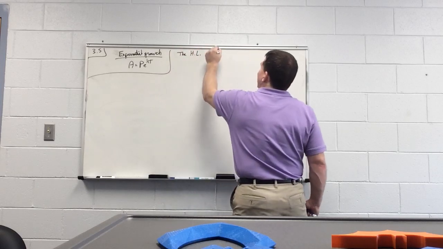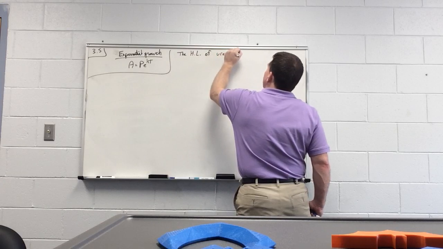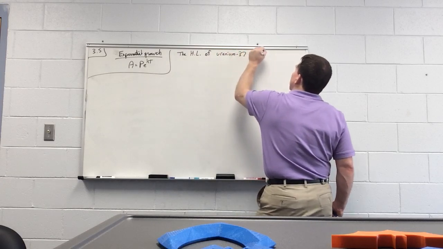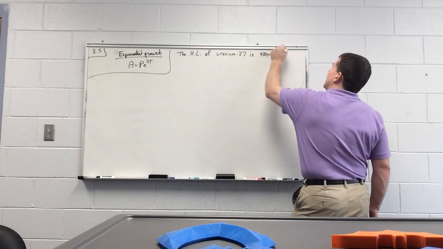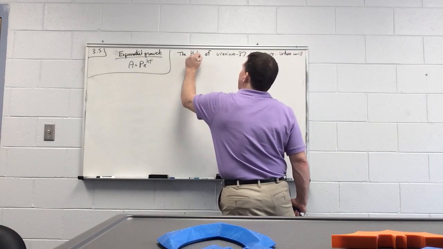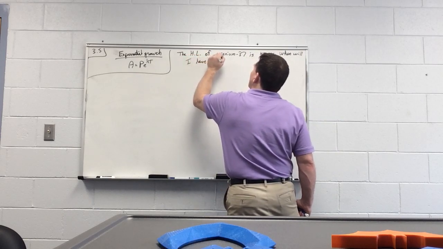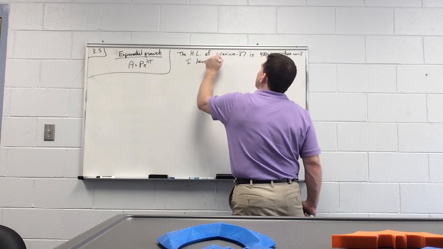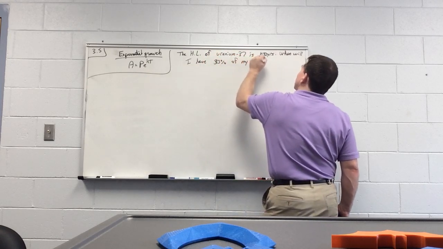The half-life of uranium-37 is 400 years. When will I have, we'll go with 30% of my starting value?